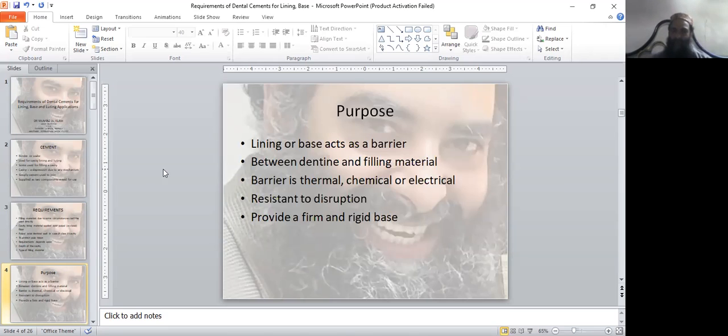All of you know what barriers are. So in dentistry, barriers between dentine and filling materials are required, because I already described that dentine can transmit or transport chemicals to the pulp tissue. Now, barriers are of three types: thermal, chemical, or electrical.